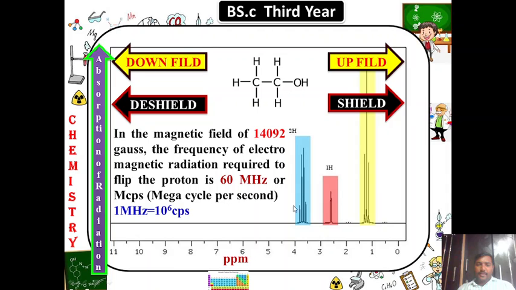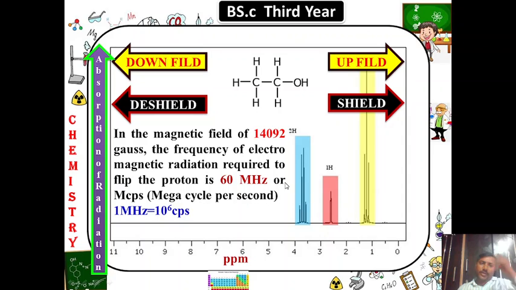This is a typical ethanol spectrum. This is a triplet, this is a singlet, and this is a quartet, meaning four signals are there.